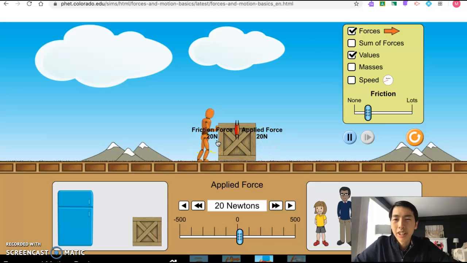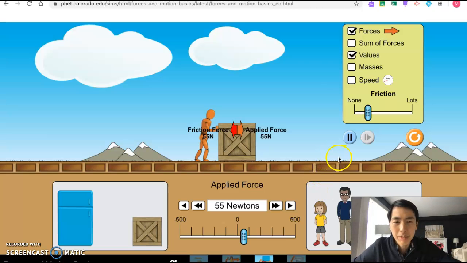So it's important to understand right now that while it says friction force, it's actually static friction right now. And I'll keep increasing the force, 30, 40, and you can see the numbers go up on both sides. The static friction's always just matching the applied force to keep it at rest. And it's going to keep doing that until this person pushes hard enough.